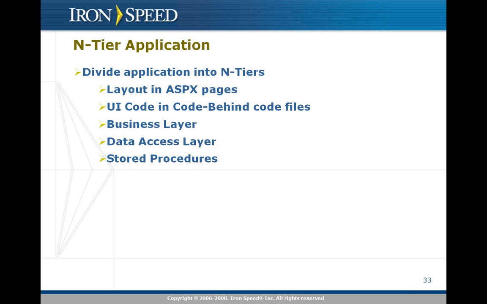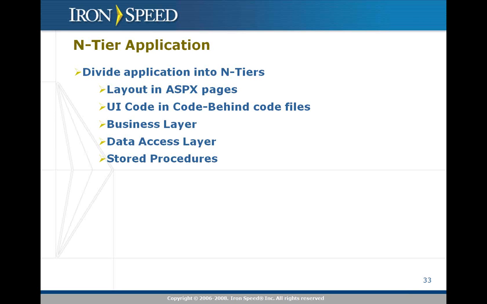Let's talk about an N-tier application. Our recommendation, just like in any other development environment that you might use, is to divide your application into N tiers. You can create ASPX pages, and that is where the UI is going to be.